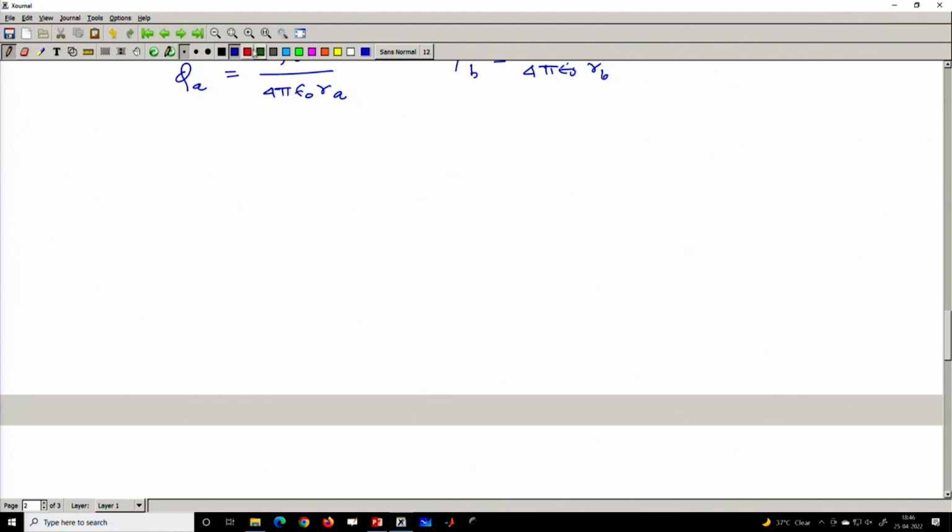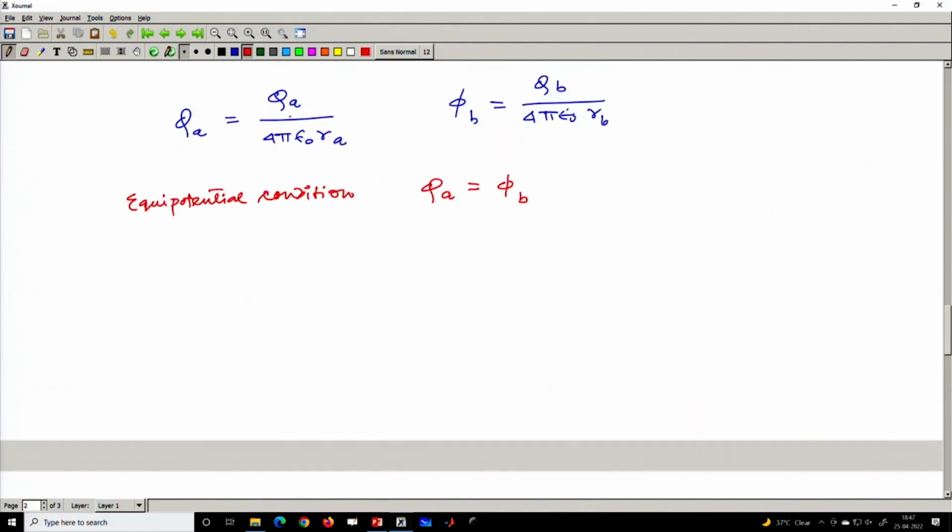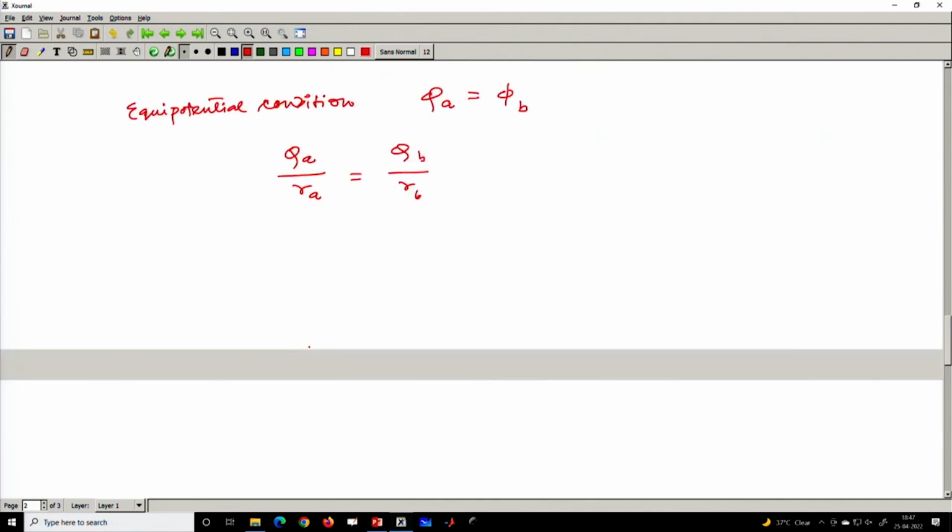So, the equipotential condition leads to phi A equal to phi B. From this equation I can simply have Q A divided by R A is equal to Q B divided by R B. Now, the charge is distributed over the surface.